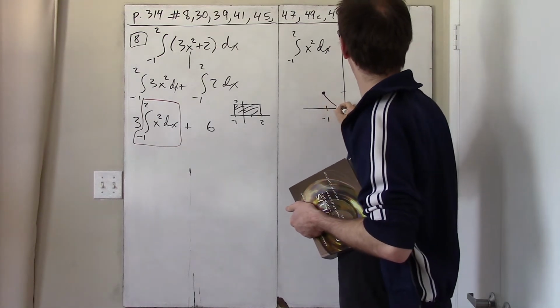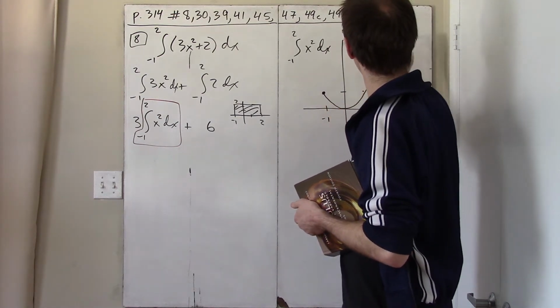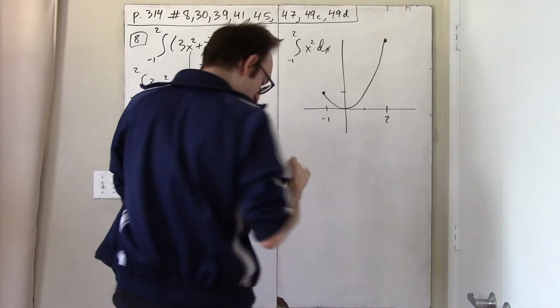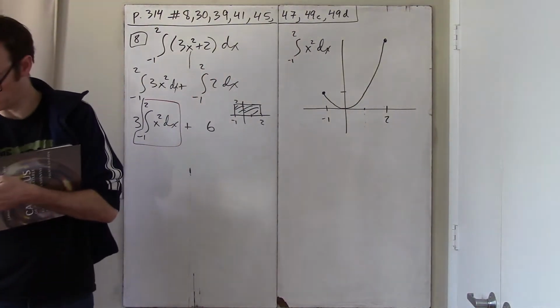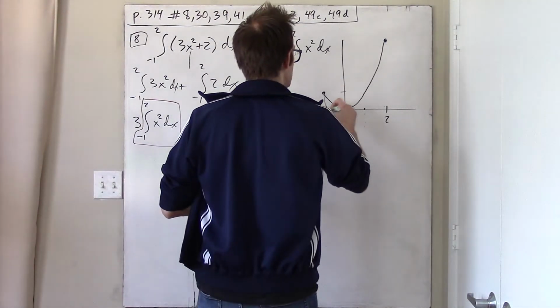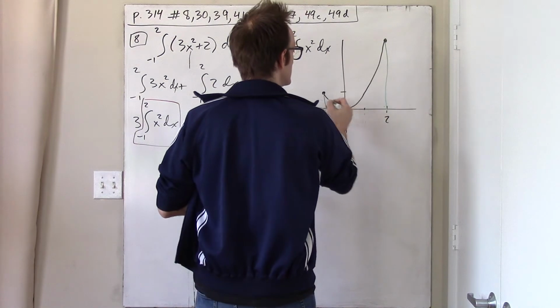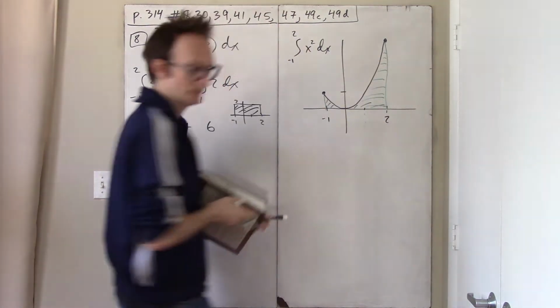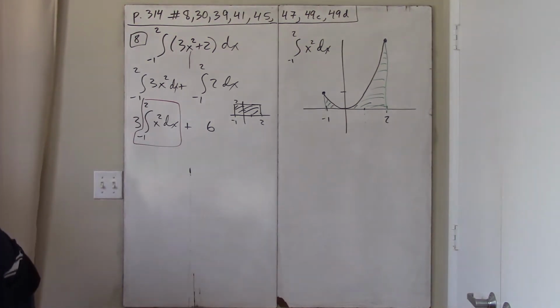So we have a curve which looks something like that, and the goal is to find the area under this curve. This is just the stuff that we were doing last week and earlier this week.